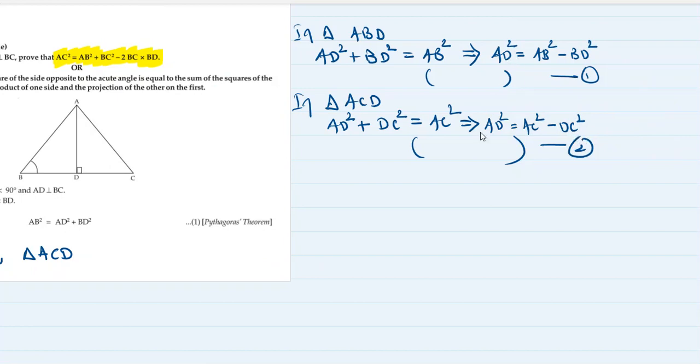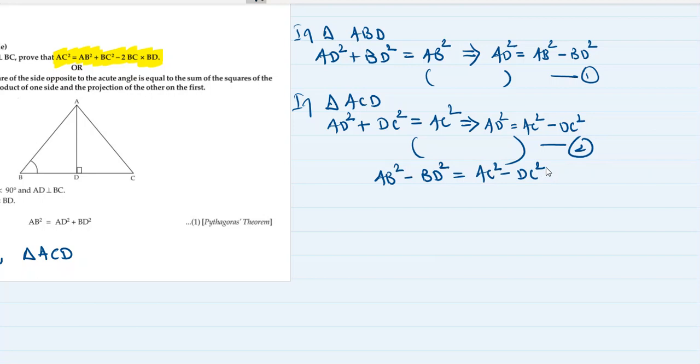Correct? So we have got the value of AD square from both the equations. Now we just equate the values of AD square: AB square minus BD square is equal to AC square minus DC square.